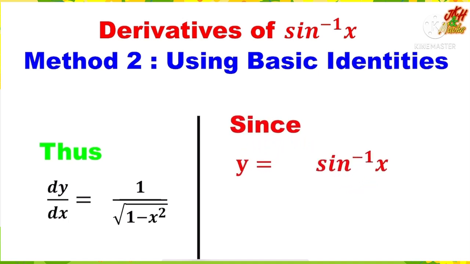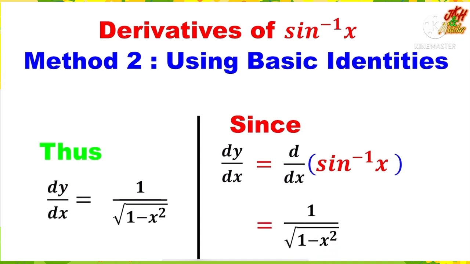Since y is equal to arc sine x, we differentiate both sides with respect to x, it gives us dy/dx is equal to d/dx arc sine x, which is equal to 1 over square root of 1 minus x squared.